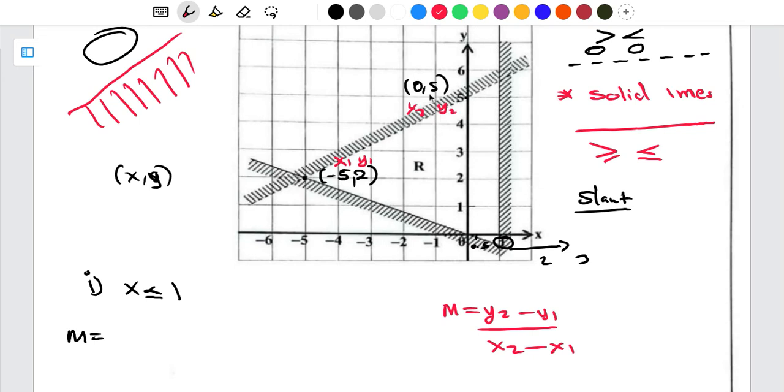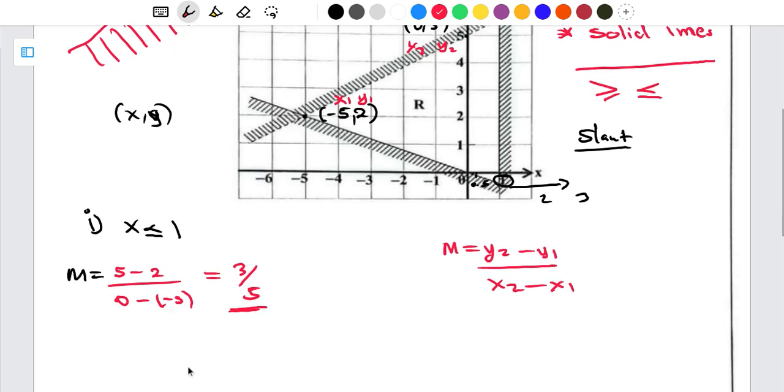My y2 there is 5, my y1 is 2, then here my x2 is 0, then minus x1, that is -5. So when I do the computation, I'm going to get 3 over 5, because you know that negative and negative is positive. So that is what we are having.